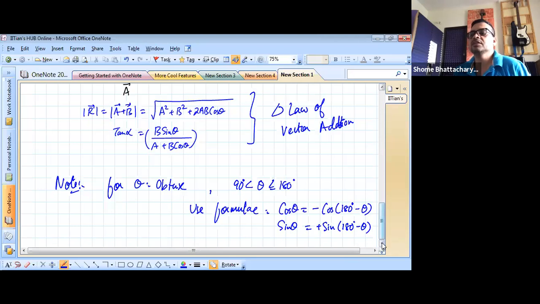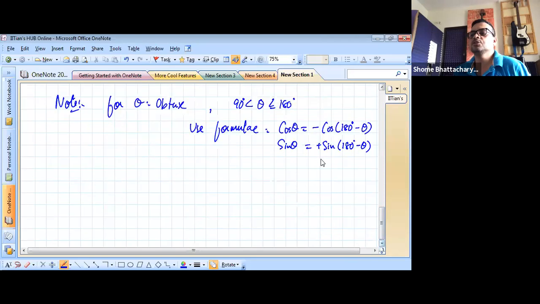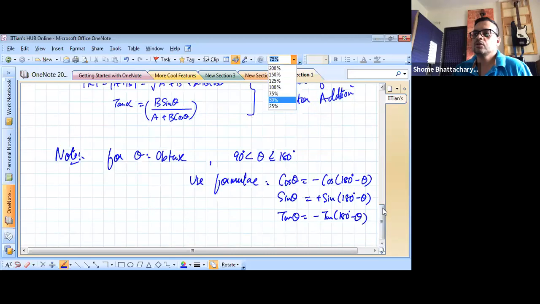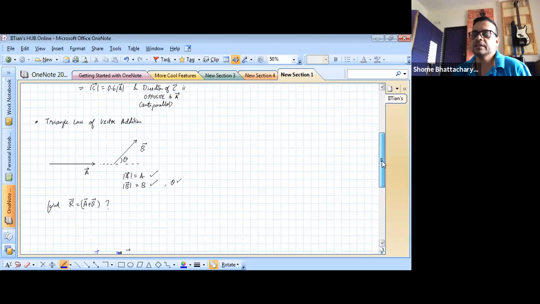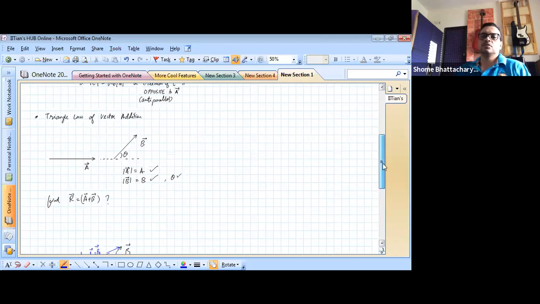And from the ratio, you can also see the tan relation requires the negative of tan (180 minus theta). So these were some of the important things that we saw last time. I'm just giving you a quick recap, then we'll do some questions based on this. So the triangle law of vector addition is important.